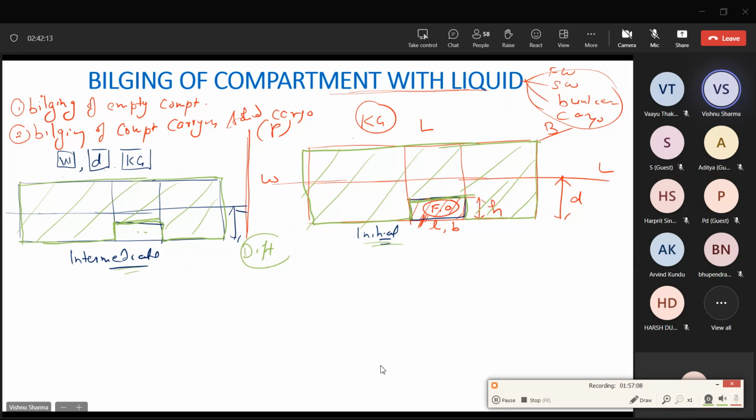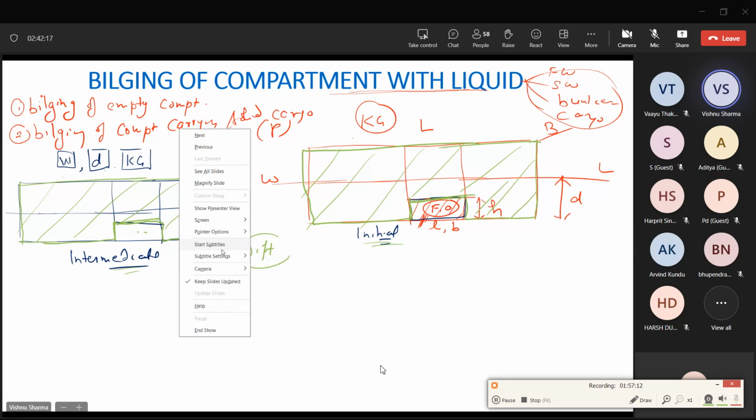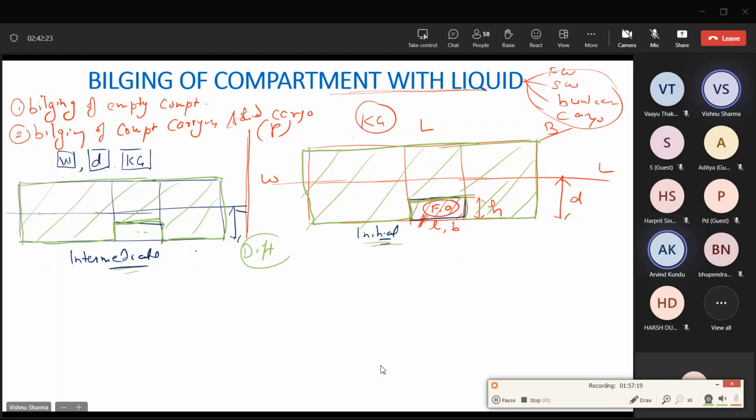Now let us say the ship gets both the DBs bilged. When both these DBs are bilged, what will happen to this particular case? This green part was already unchanged, but what will happen is this will basically be filled with seawater.